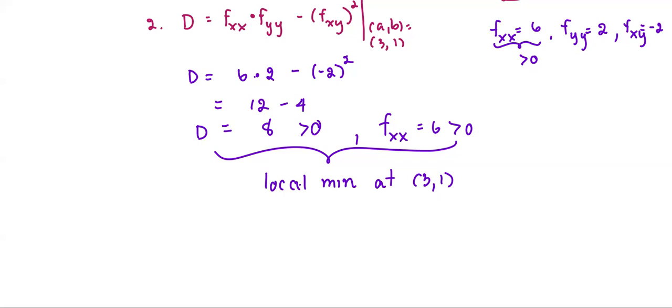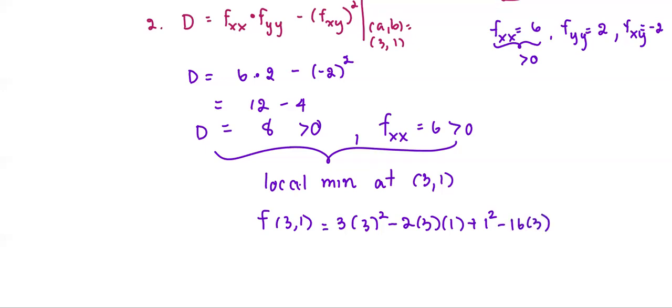Next, we're going to compute the value of the function at (3, 1): 3 times 3 squared minus 2 times 3 times 1 plus 1 squared minus 16 times 3 plus 4 times 1 and then plus 14.